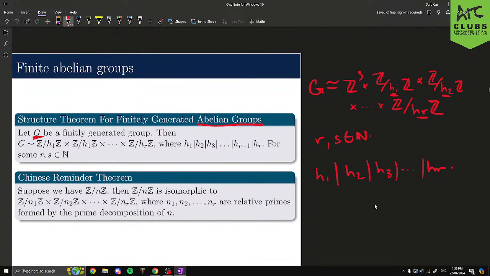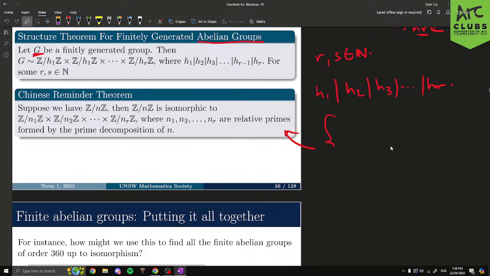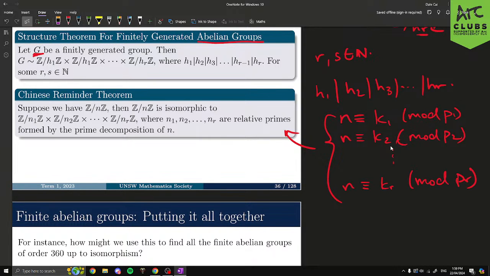And then there's the Chinese remainder theorem. Where does it come from? It comes from the set of equations. Let's say they tell you that n is congruent to k1 mod p1, k2 mod p2, and so on, up to kr mod pr, where each p is coprime.